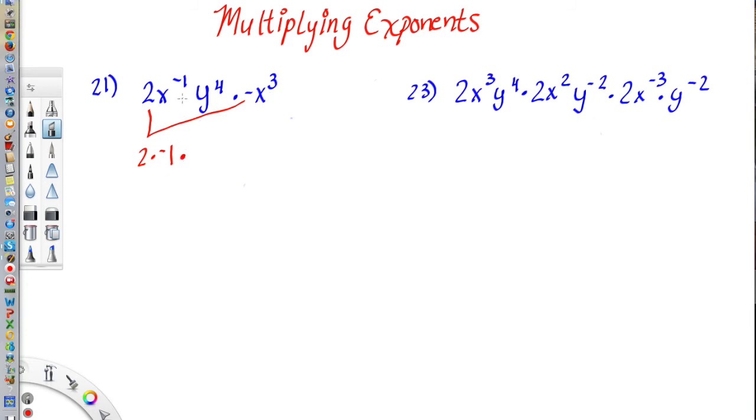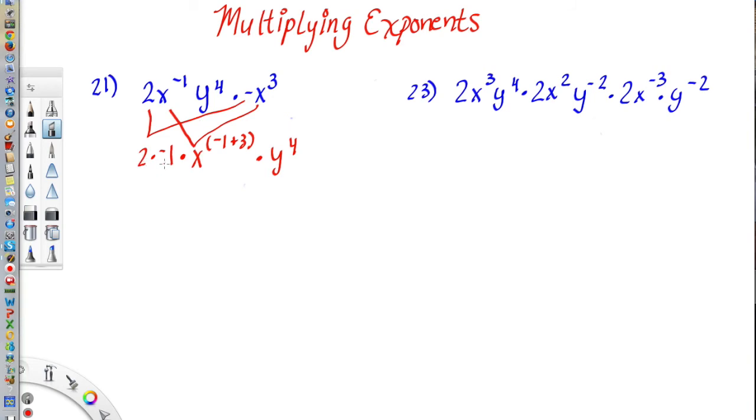Okay, and if we do that, it'll make things a lot simpler. Then over here I have a common base of x with an exponent of negative 1. Here I have x with an exponent of 3, so I add those exponents. That's where I get that from. And then I have finally y to the fourth power all by itself. Okay, so now let's work through this.